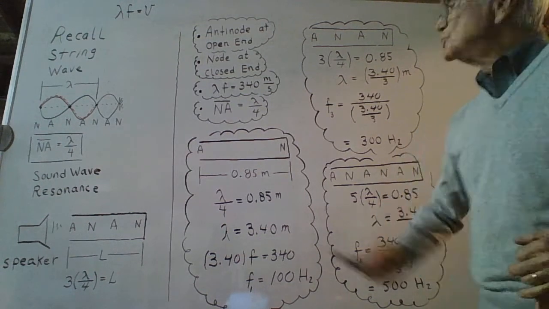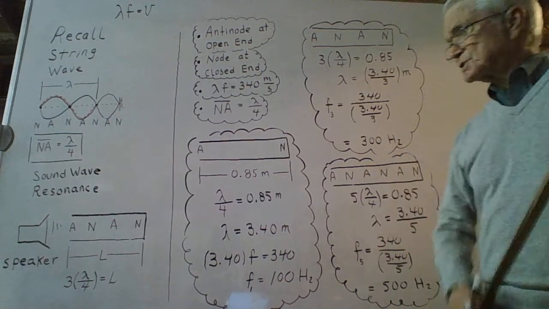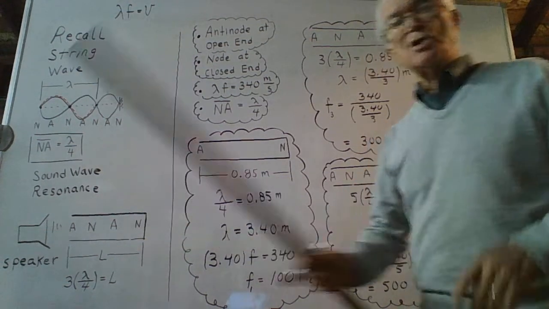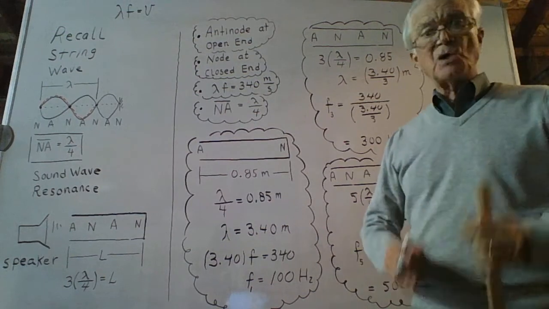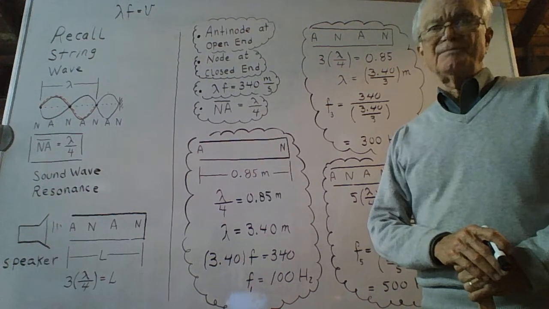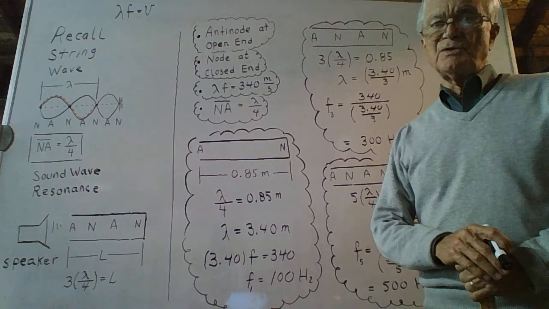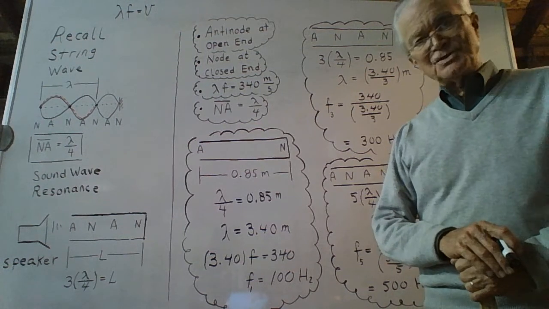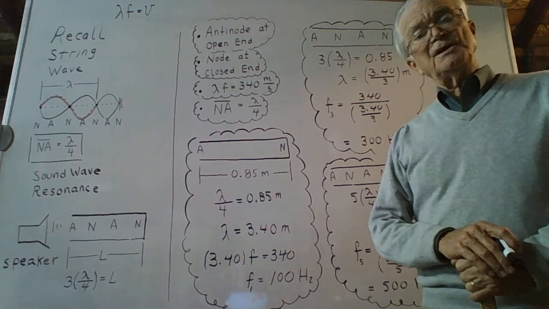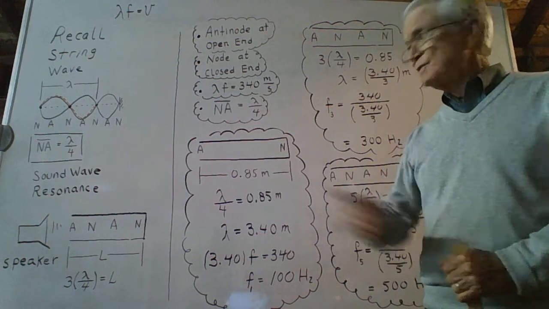In an open tube of this length, the frequencies of the speaker that will cause a resonance, a loud sound, are even integer, 2, 4, 6, 8, 10, 12, 14, even integer multiples of the lowest frequency possible for a tube of this length.